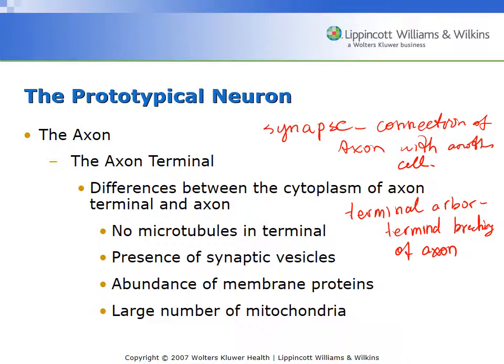So when a neuron makes a contact with another cell, it is said to innervate that cell. It basically provides innervation.